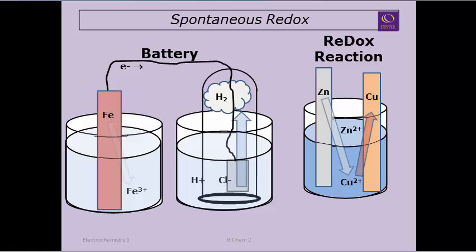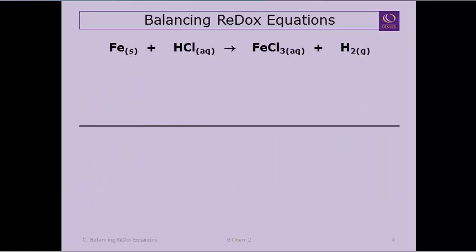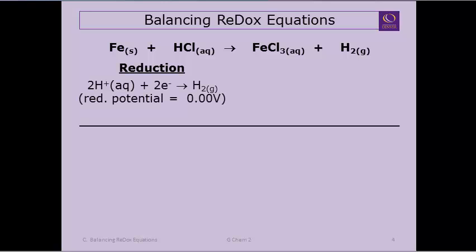And so consequently, a balanced redox reaction has components that we often try to think of as half reactions. So let's just isolate down on the iron and HCl reaction. If you want to take the half reaction for the reduction, you're basically taking protons, adding a couple electrons, making hydrogen gas.